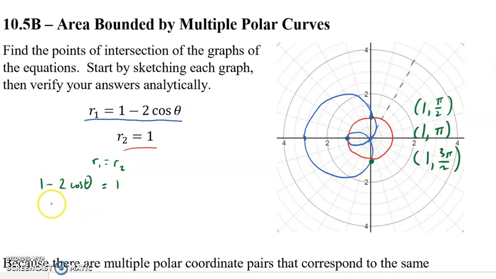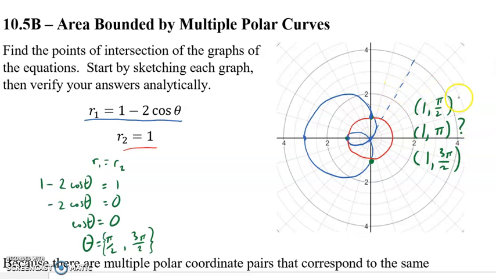So if we subtract 1 from both sides and divide by negative 2, we get theta equals pi over 2 and 3 pi over 2, but not pi. So I'm getting this one and I'm getting that one, but I'm not getting this one. So the algebra might not tell the whole story. What's going on here?